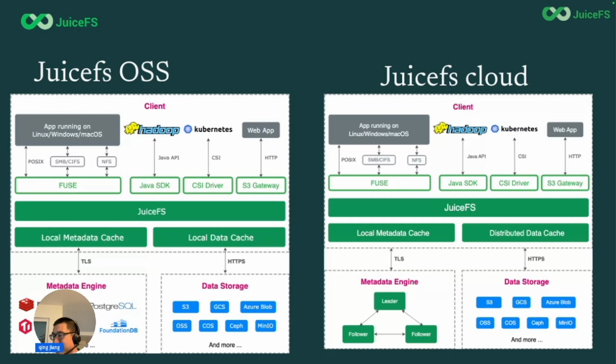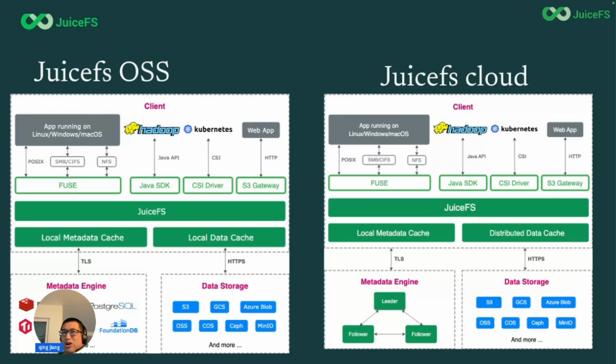And in our cloud service, we actually have the so-called distributed data cache, which solves that problem by allowing the clients in the same cache group to share the cache with each other. So it can easily construct a very large cache capacity, like several hundred terabytes altogether.